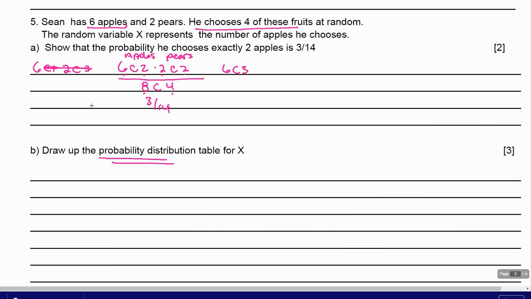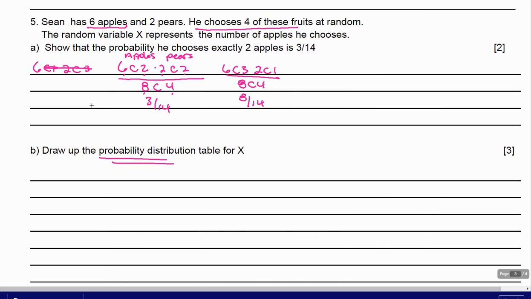Then how many pears am I going to choose? And I'm still going to divide by 8, choose 4. Now that's still in your calculator. Just change these numbers to 3 and 1. So that's 4 out of 7 or 8 out of 14, right?